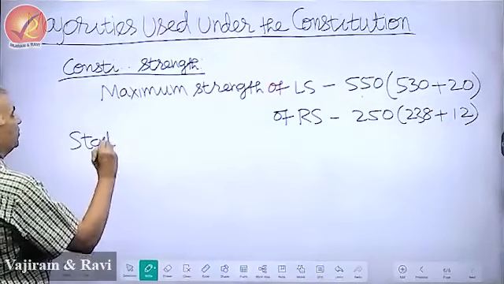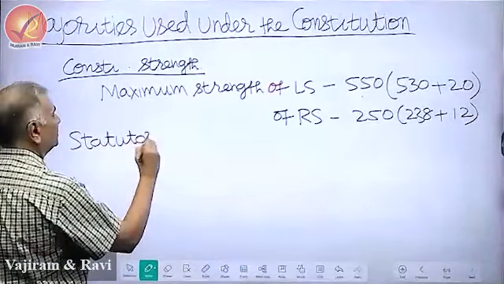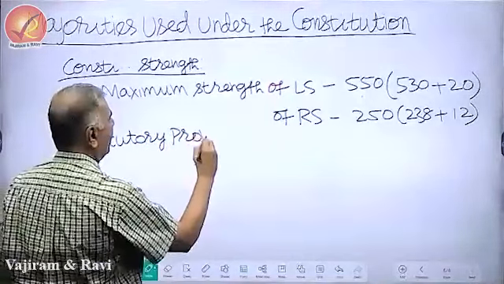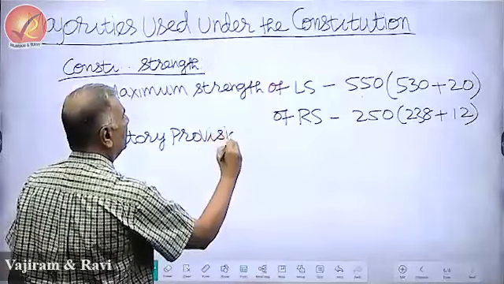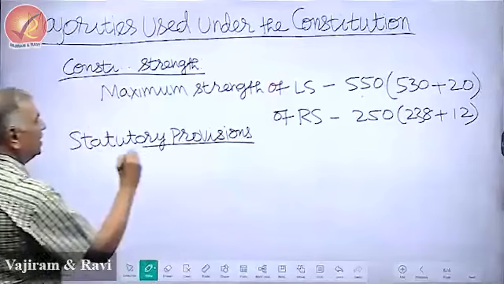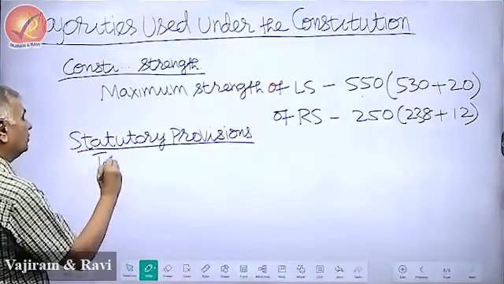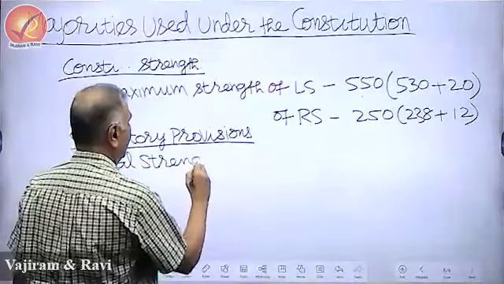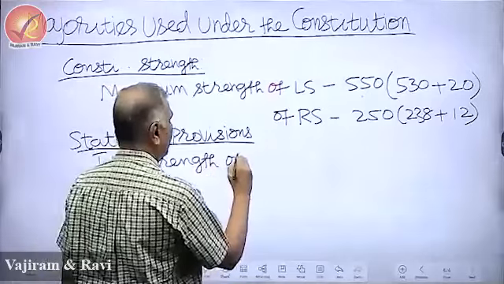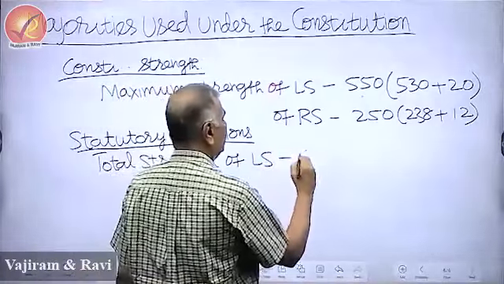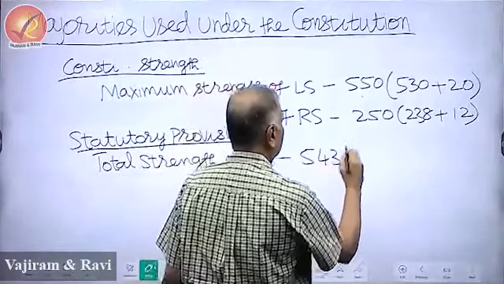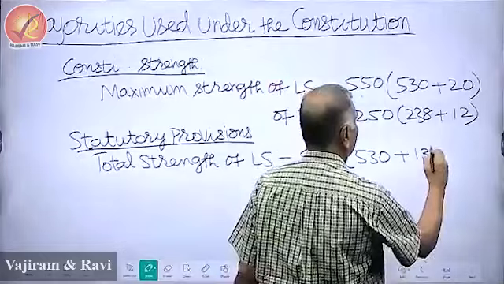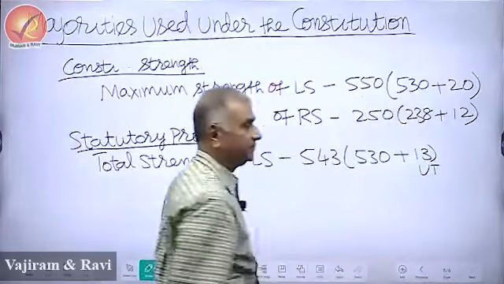The statutory provisions, what are the statutory provisions? The law made by the Parliament has fixed the total strength of the Lok Sabha as 543: 530 from the states and 13 from the union territories.